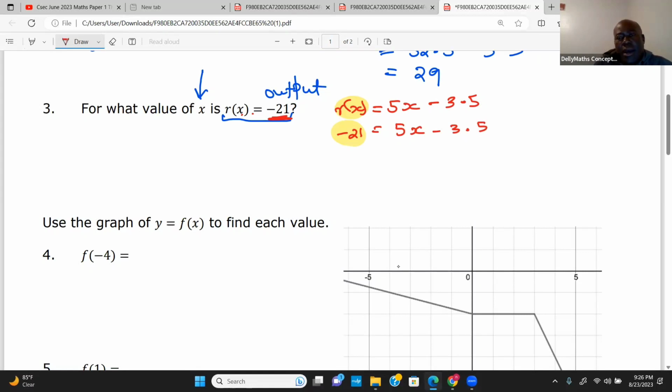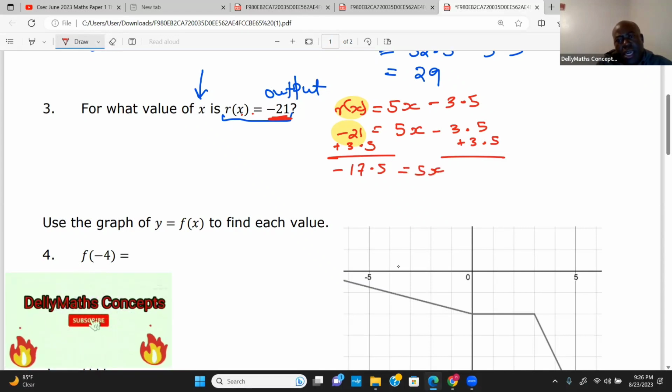So I'm in search of the input x. What we're going to do is regular solving of this equation by adding 3.5 to both sides. When we add 3.5 to both sides, on the left side I'm left with negative 17.5, and this is equal to 5x.